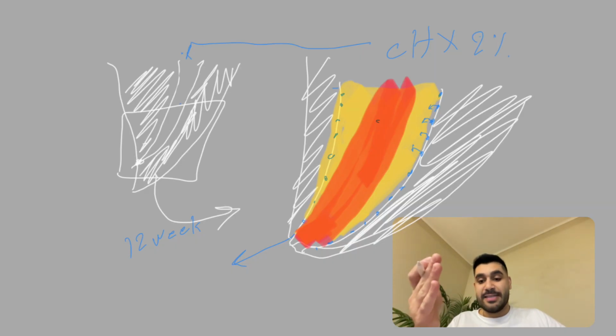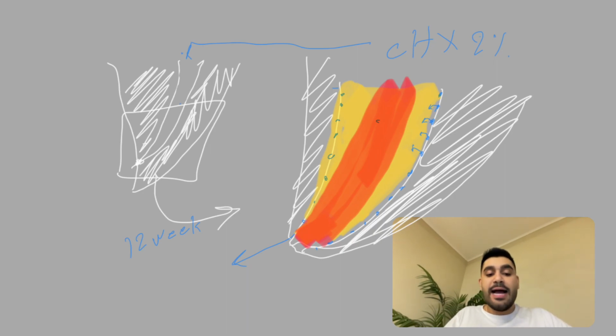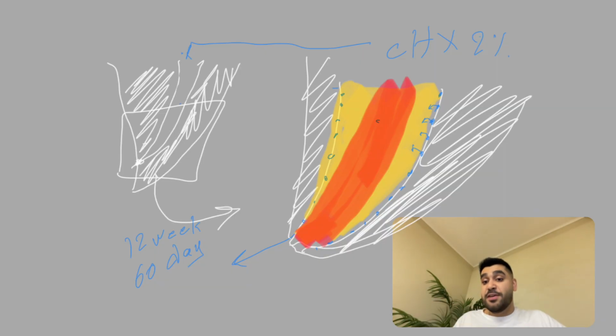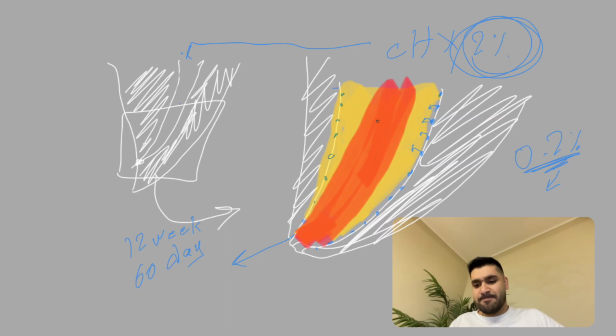That's why I'm using the chlorhexidine. Based on one of the articles, it's 12 weeks that we have this effect, and based on the other article, we have 60 days of substantivity. If we are using chlorhexidine 2%, okay, but if we are using chlorhexidine 0.2%, this is the mouthwash, this is the Corsodyl, we don't have substantivity.